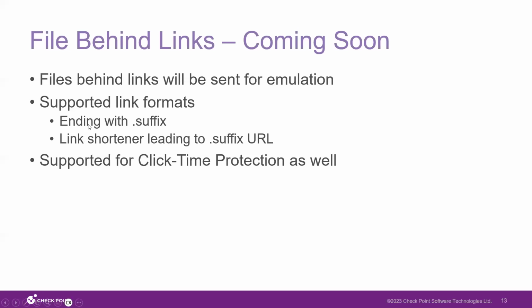So it is going to have to be a link that ends in a suffix, right? A .doc or a .pdf or something like that. Or it's also going to support link shorteners.